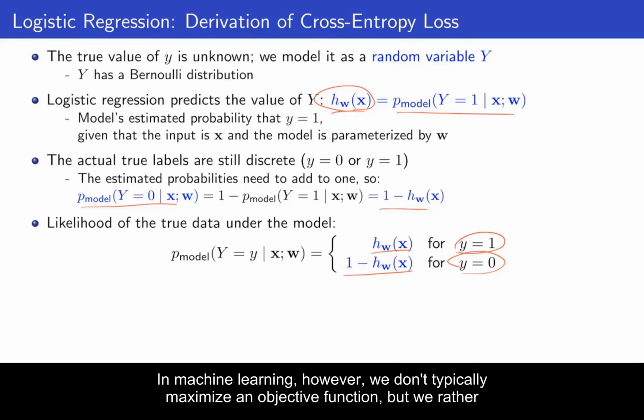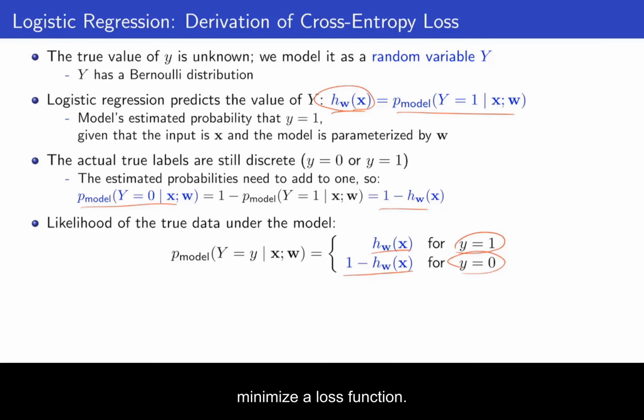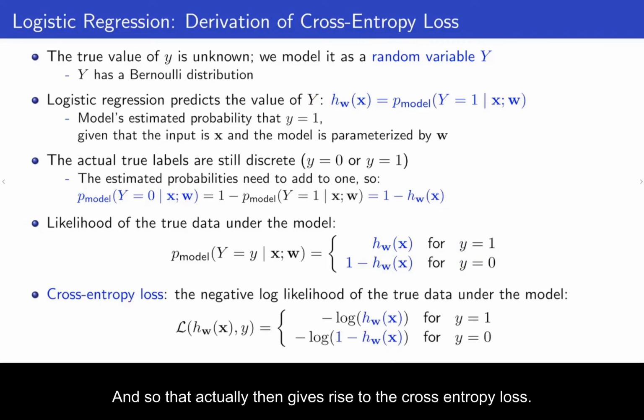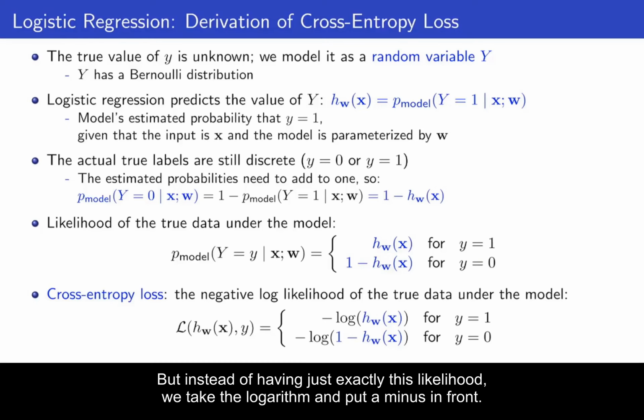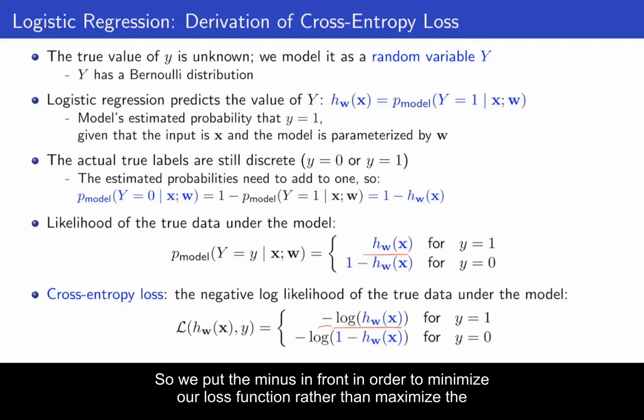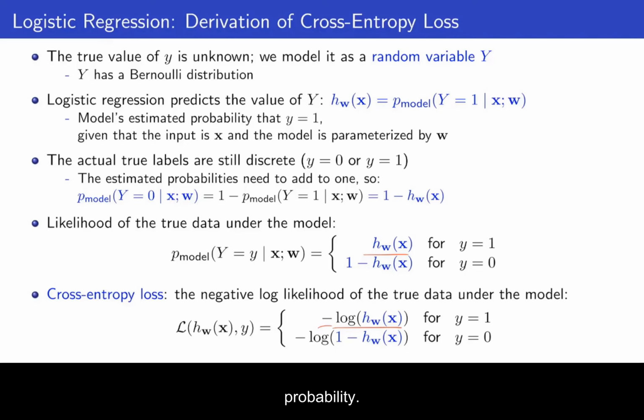In machine learning, however, we don't typically maximize an objective function, but rather minimize a loss function. That gives rise to the cross-entropy loss. It's very much like this likelihood, but instead of just this likelihood, we take the logarithm and put a minus in front. We put the minus in front in order to minimize our loss function rather than maximize the probability.